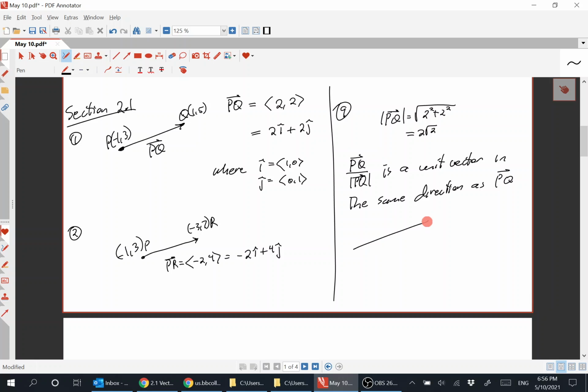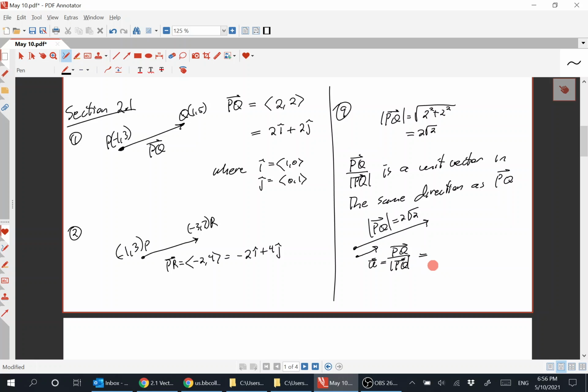Here you have PQ, and the length is 2 square root 2, which is about 2.8. So the unit vector u in the same direction as PQ is PQ divided by its length, to compress it down to length 1, or stretch it to length 1.